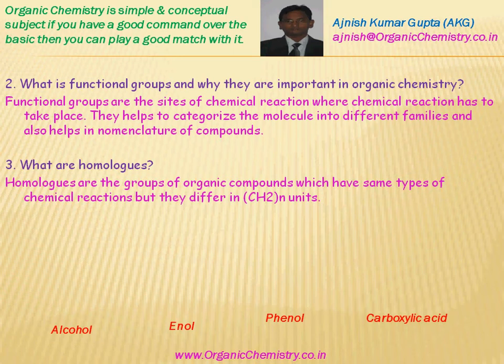That is, all alkanes, whether it is methane, ethane, propane, butane, pentane, hexane, heptane, all alkanes are homologues. But when the question asks for the next higher homologue, that means the value of n is 1. That is, the molecule must have a difference of CH2 unit, that is, a difference of 14 in atomic mass.